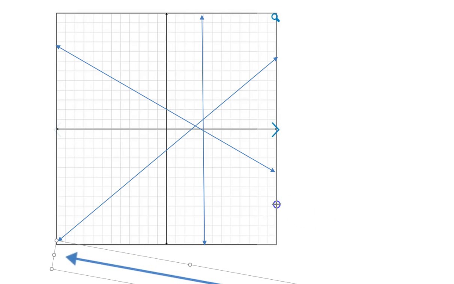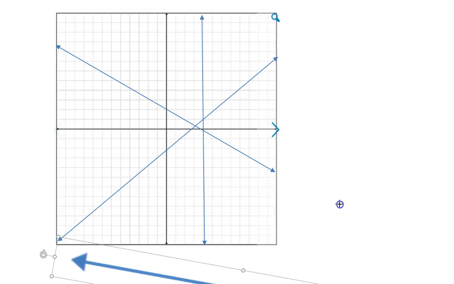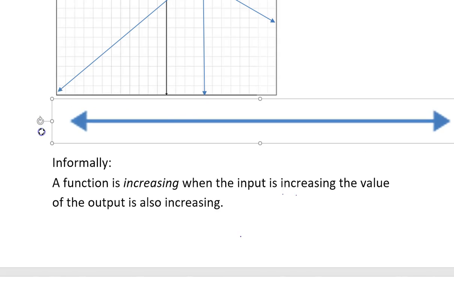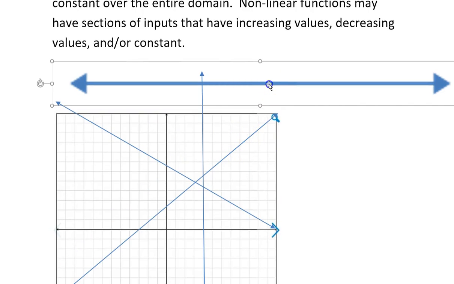Now, technology is wonderful when it works. So I am going to have to tweak this a bit. All right. And so this would be a case of a constant line.